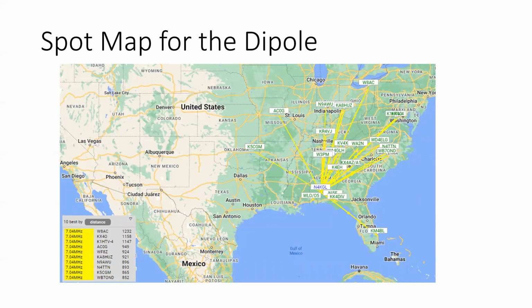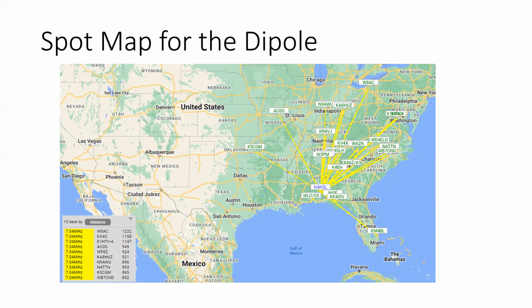All right, so for those two and a half hours roughly, this was the spot map. In other words, the stations that received the 40-meter beacon that was hooked up to the dipole, which was in an inverted V configuration, but I'll call it the dipole.